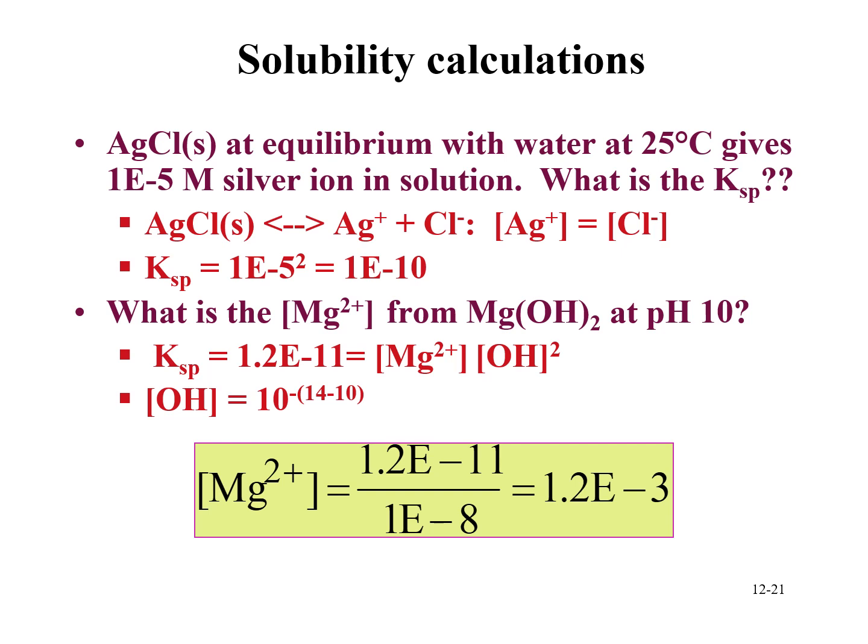If we had the KSP for a salt, for instance, magnesium hydroxide, we could calculate the solution phase concentration of the metal ion at any given pH. So here's an example. What's the concentration of magnesium at pH 10? We use the KSP, which is 1.2 times 10 to the minus 11, equal to magnesium times the hydroxide squared.